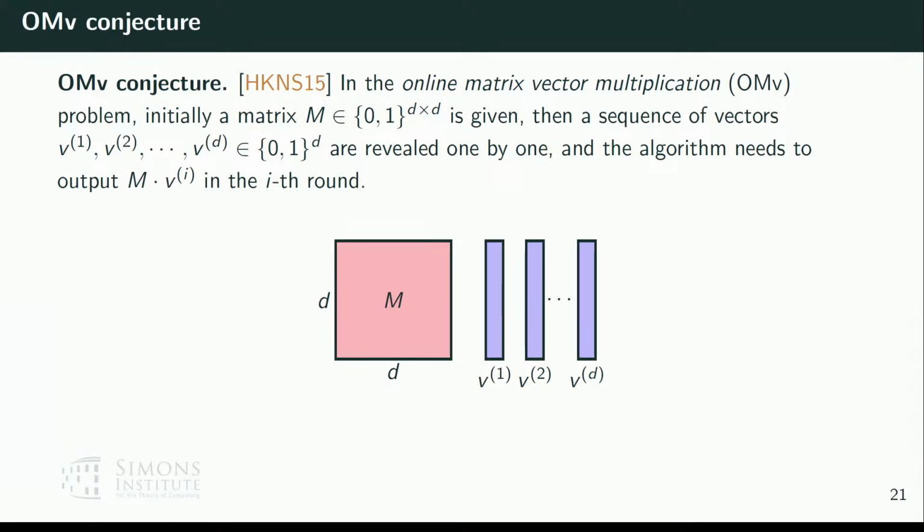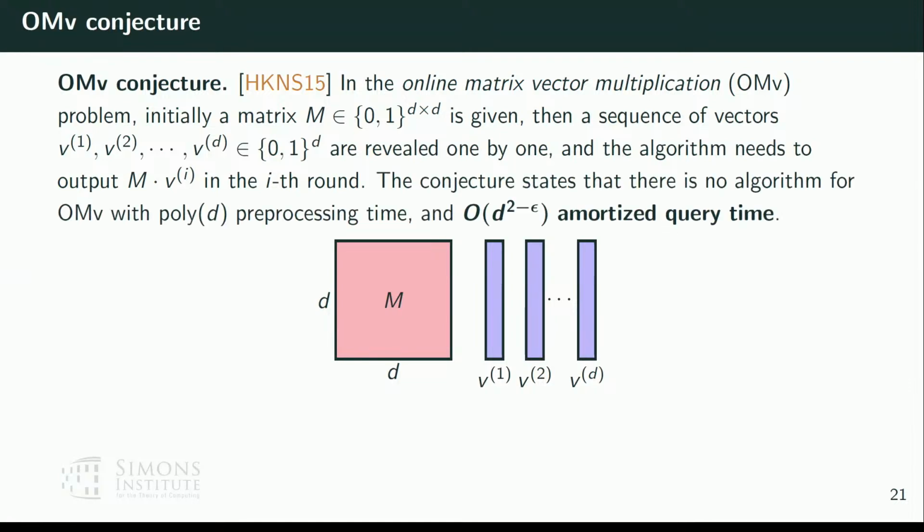And the algorithm needs to output the matrix vector product, M times this vector v, in the ith round. And the conjecture states that even if we allow polynomial preprocessing time, there's no algorithm that has better than d squared amortized query time in each iteration.